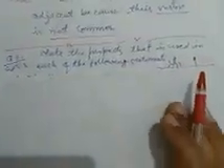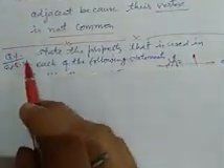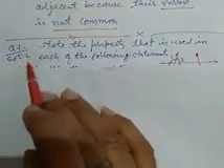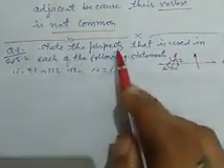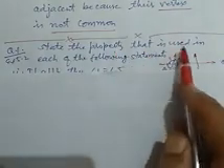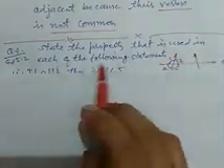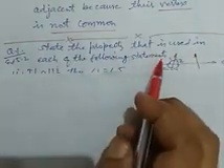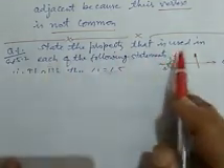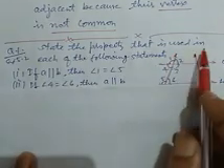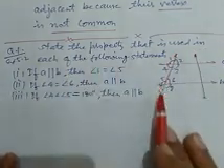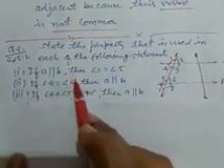That's why they are not adjacent angles. Now we take another question. This is question 1 from exercise 5.2. State the property that is used in each of the following statements. There are three statements.